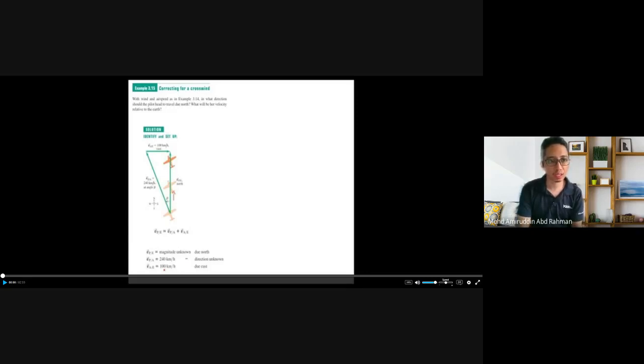Okay, let's say we have the wind and airspeed, as given in the example. In what direction should the pilot travel to go north? And what will be the velocity relative to the Earth?